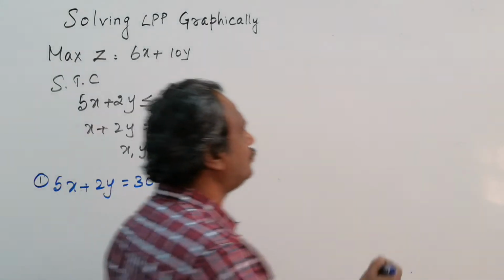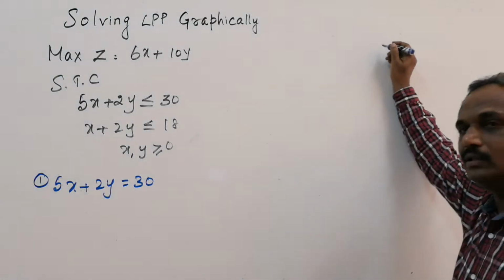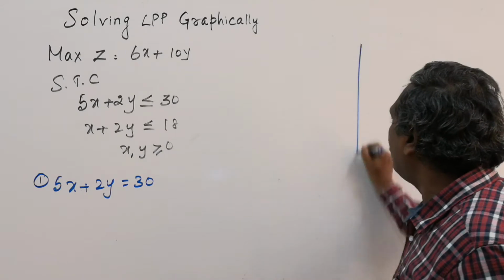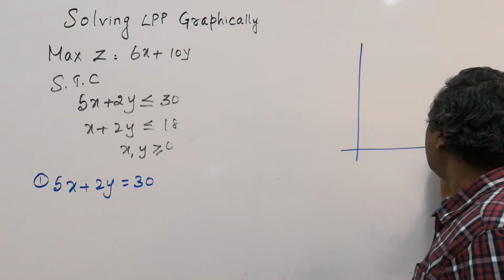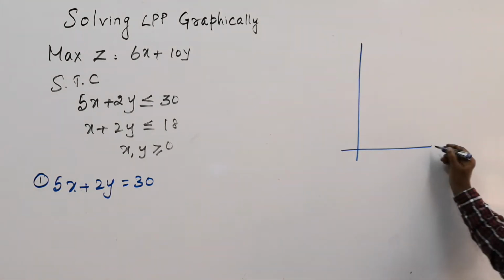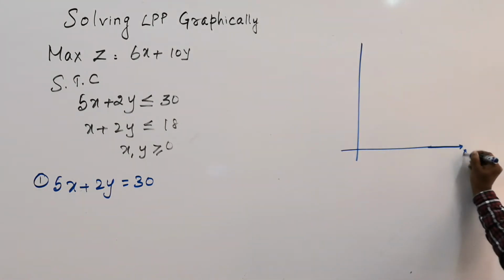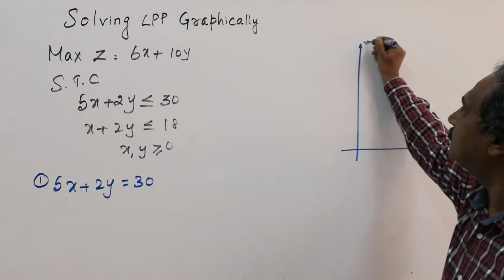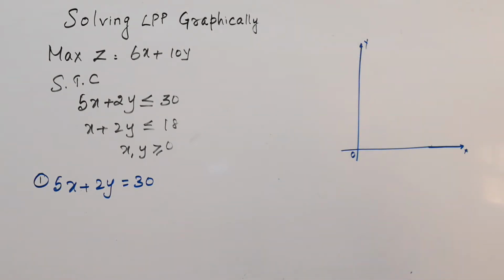You know how to draw the diagram for this, isn't it? Here is my x-axis, and here is my y-axis. This is x, this is 1, and this is the origin 0.